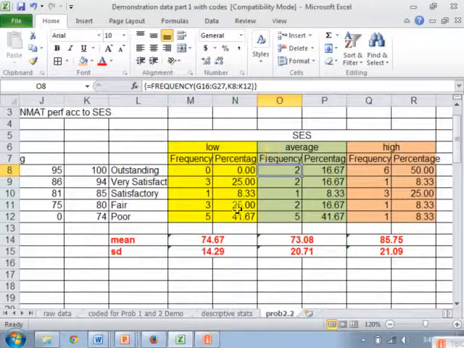Right? Look at that. Is that majority? Yeah, that's 66% of your poor students have also poor NMAT results. Right? How about this? Also majority. But where's your high? Majority. Majority is here.